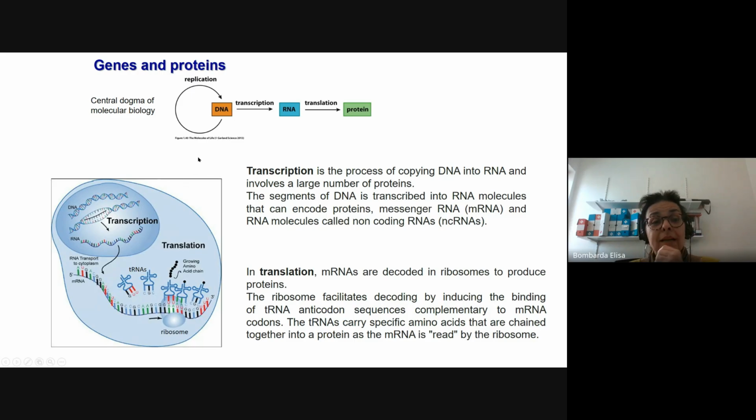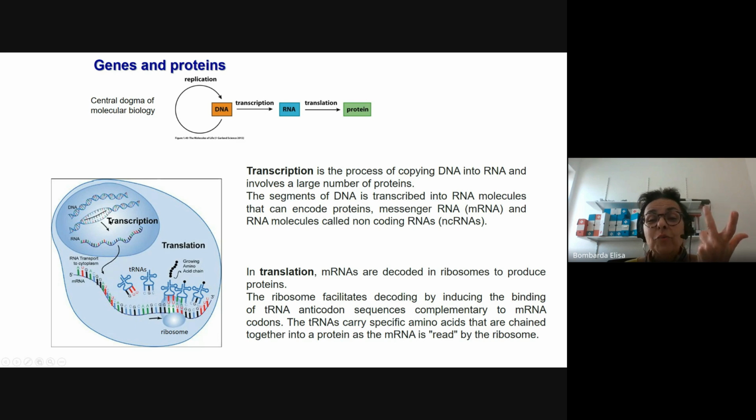To make a complex story simple, the first step is transcription, where the message included in the DNA, written with the alphabet of the DNA, will be transcribed.